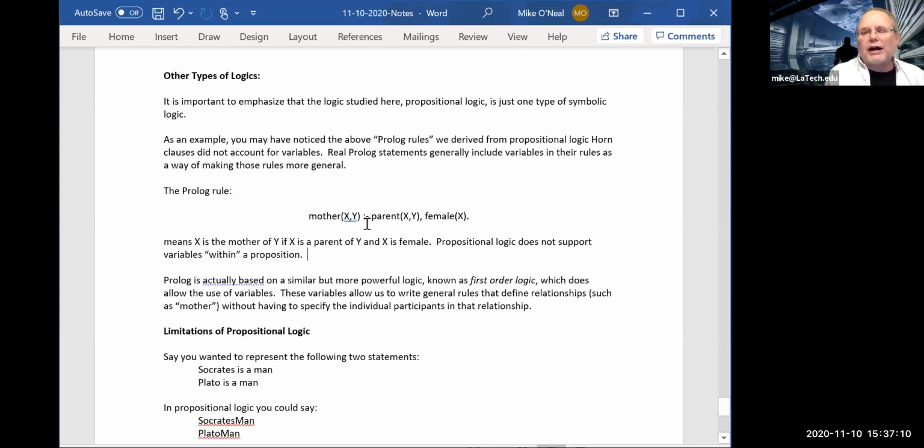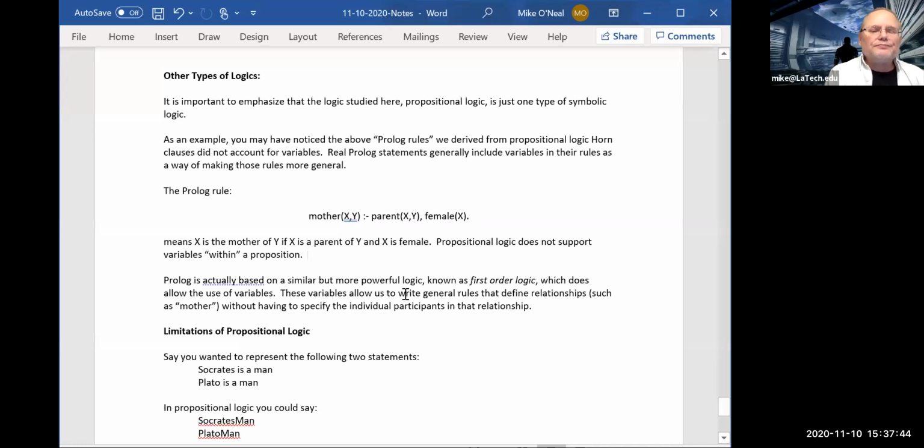X, mother of Y, is a relation that you can express inside the logic. X, parent of Y, is another relation you can express. These relations can be multi-valued or single-valued. Female, for example, is a single-valued relation, whereas parent and mother and equal and all of those things are two-valued.